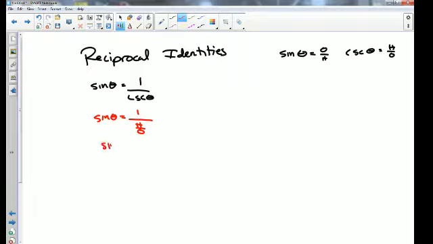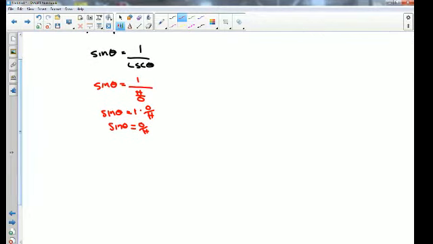So you get sine theta equals 1 times copy, dot, flip. Is that true? Wow. Yeah, you've just proven this identity is true. This is a very basic example of what you're going to be doing. So you take information you know is true and use it. You're not going to have to do that today, but that's just since you asked.